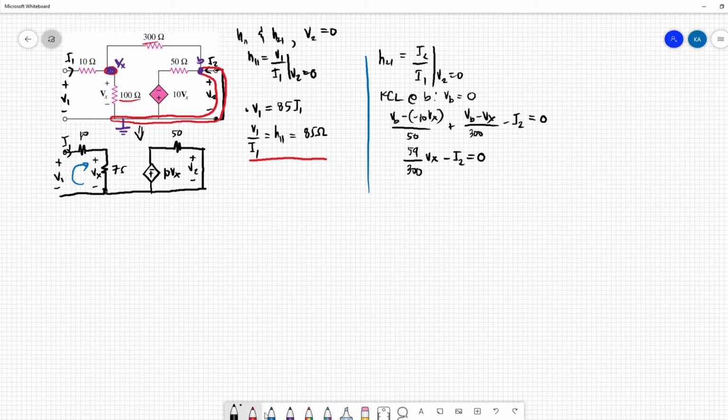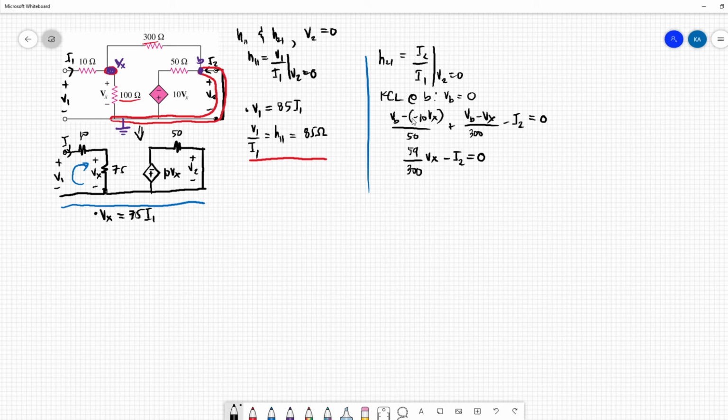Now looking at this figure, at the simplified circuit, our Vx is just equivalent to 75 times I1. So Vx in terms of I1 is 75 times I1.